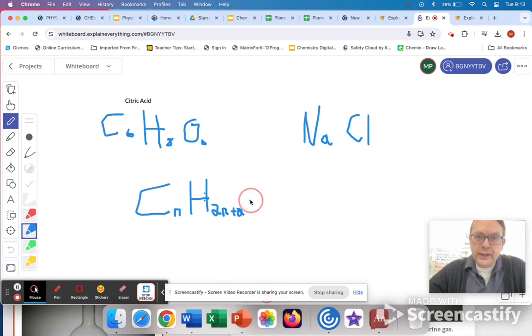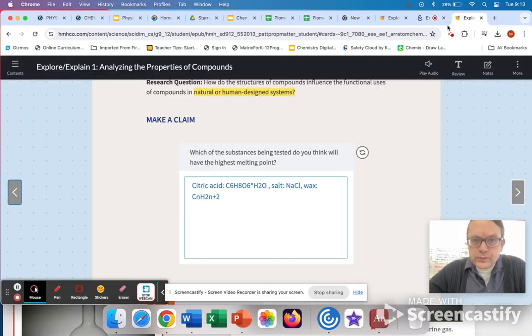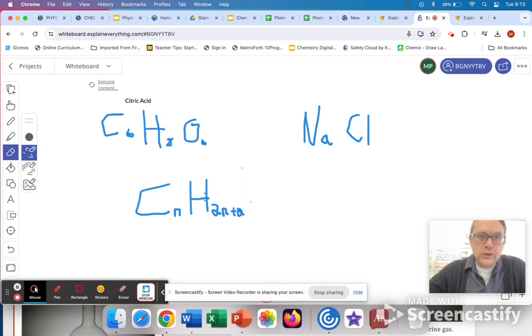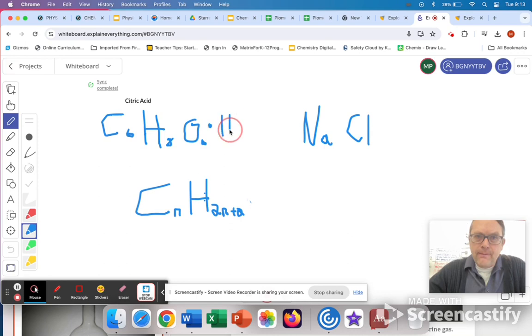The citric acid is also connected to water in a hydrous form, which may become important if we think of the properties here. The wax is just like that.